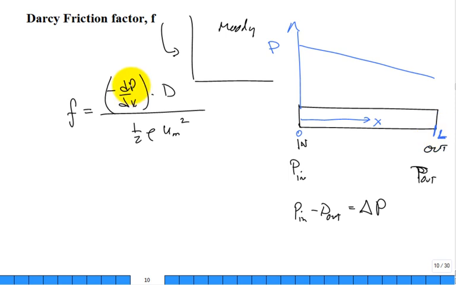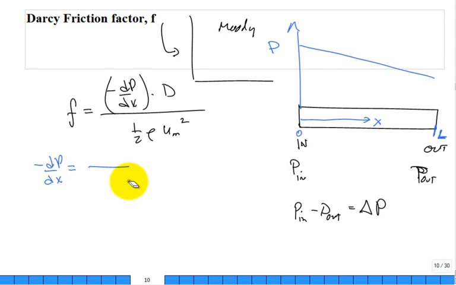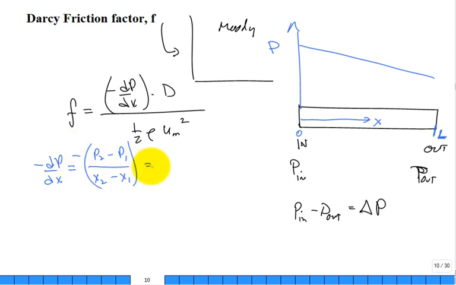And so go slow, but this negative dp dx, all right? I'll just work on that for a minute. Negative dp dx. So I'm going to do x2 minus x1, and then p2 minus p1, and then put a negative in front of it. Okay, let's talk about location 1, location 2.